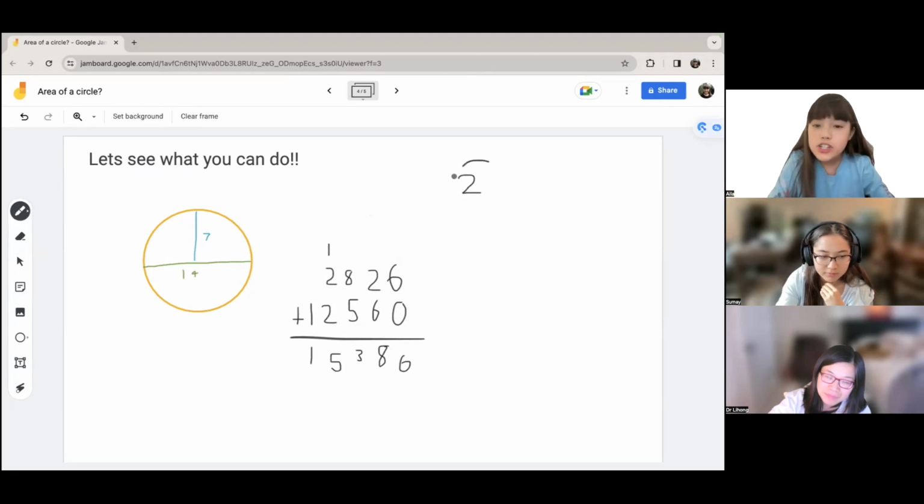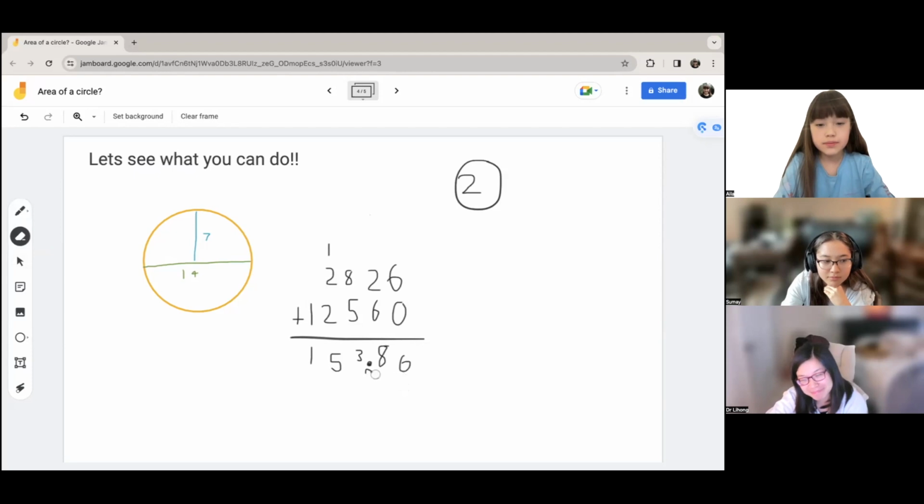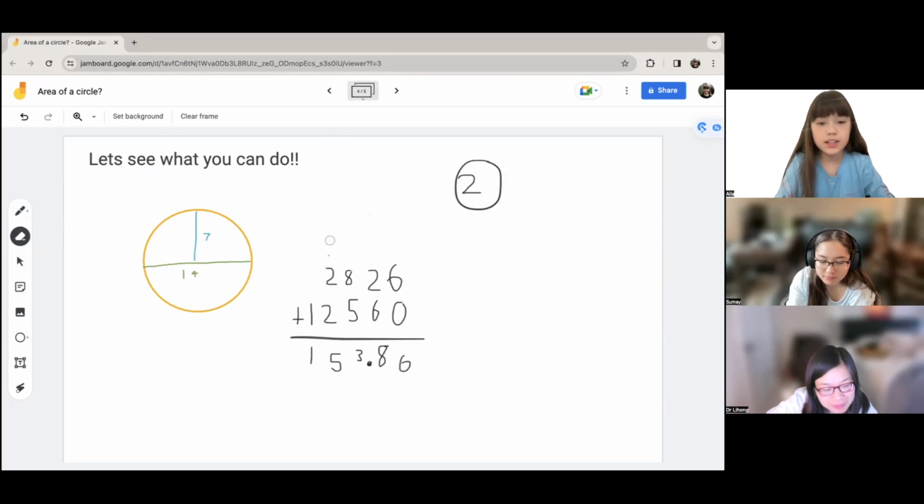But remember this 2 up here, right? 2 decimal points. So we need to put that back onto the answer. So we're going to take this decimal point, go 1, 2, and then the decimal point goes right here. And that's our answer. Yep, that's our answer right there.